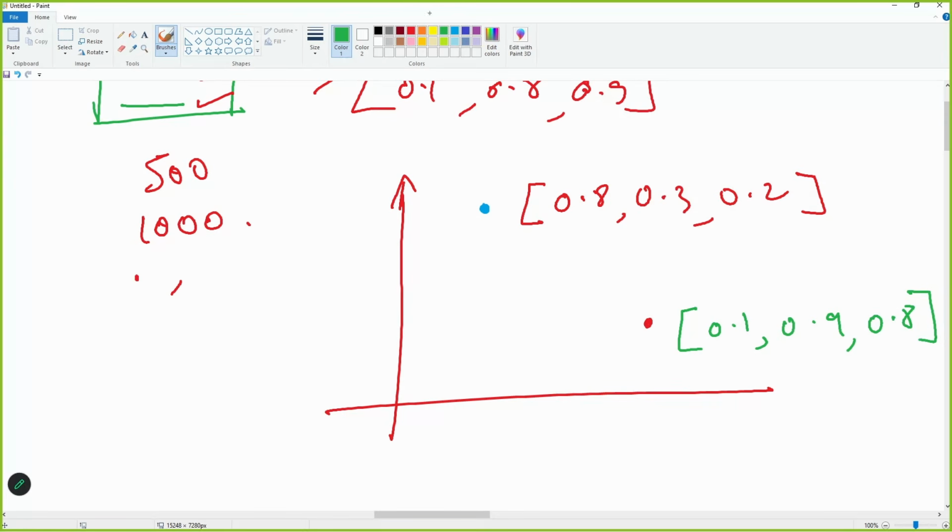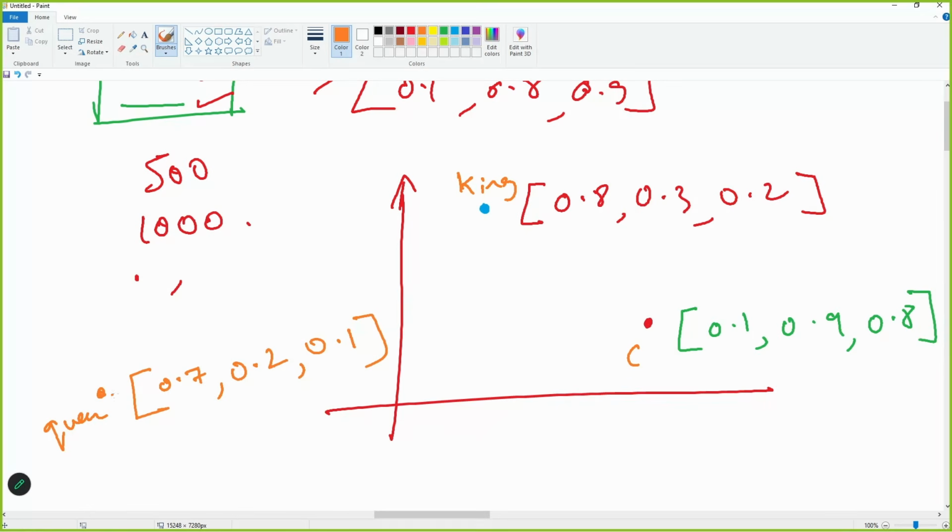We have a new input coming into the picture, whose numbers are 0.7, 0.2 and 0.1. If we compare these numbers with both of these, let us say the word is queen, and this is king, and this is football or cricket.